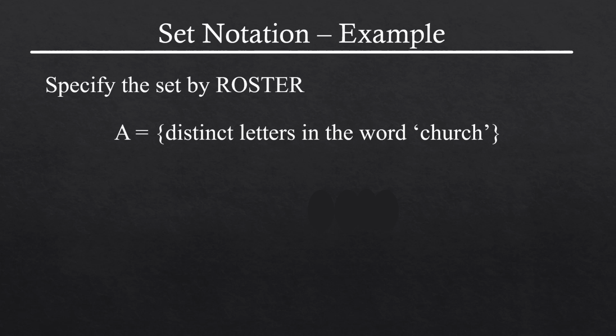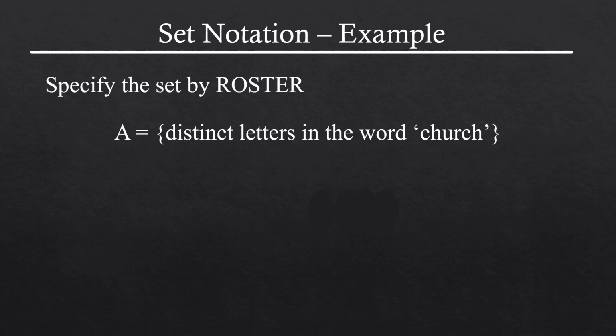Let's look at an example here. This is one of your homework examples. Specify the set by roster. The set A is equal to the distinct letters in the word church. Distinct is the key here. Distinct means that they are different.